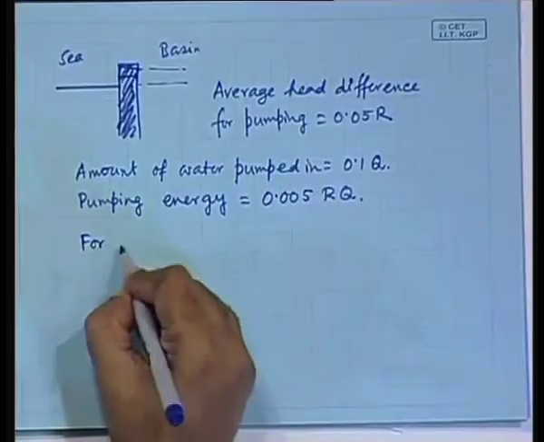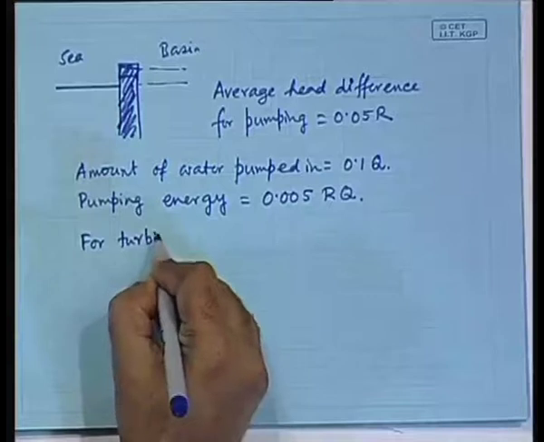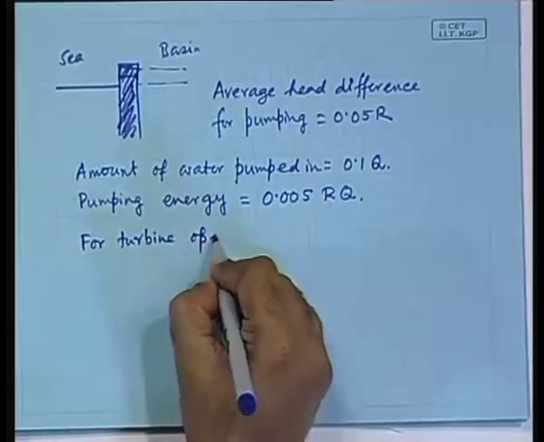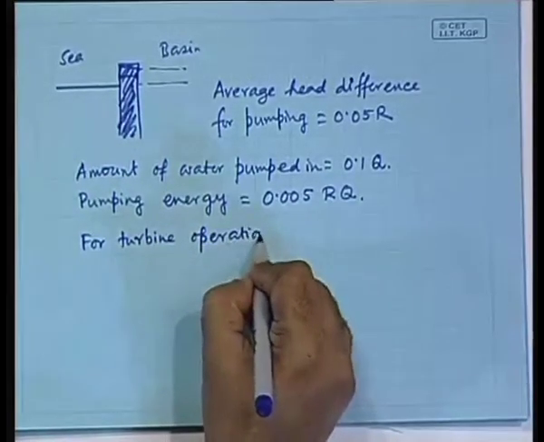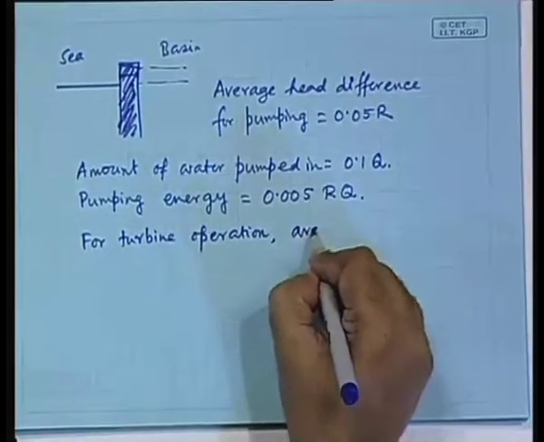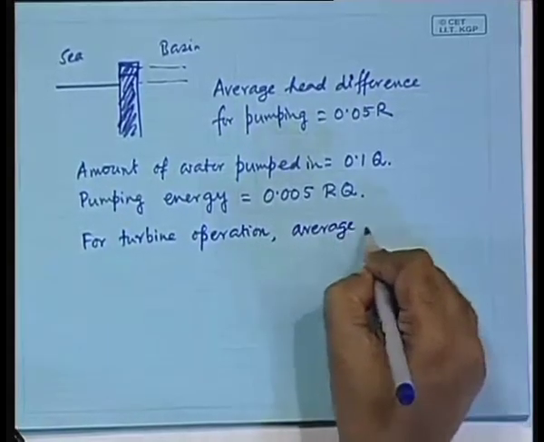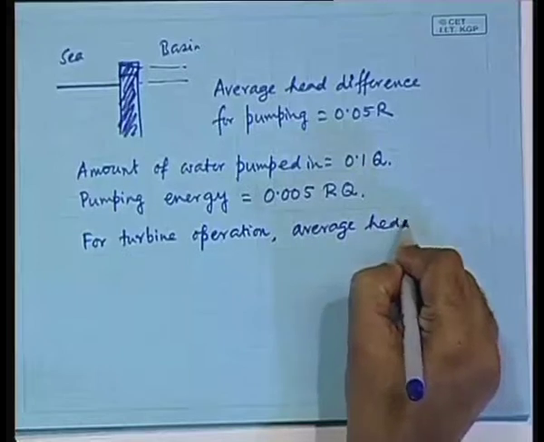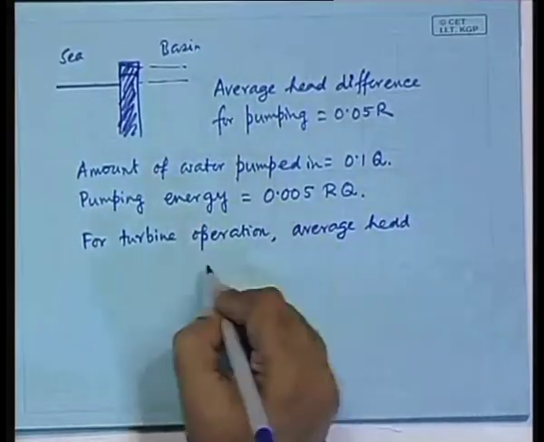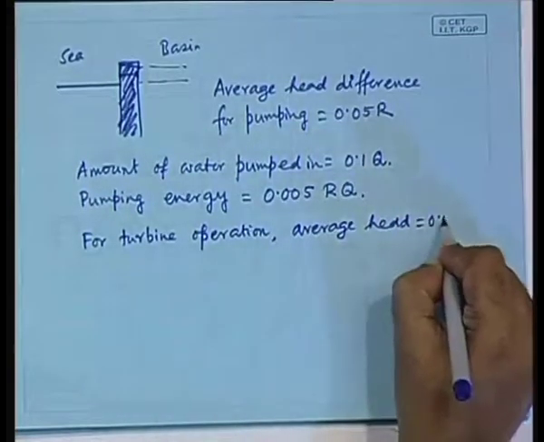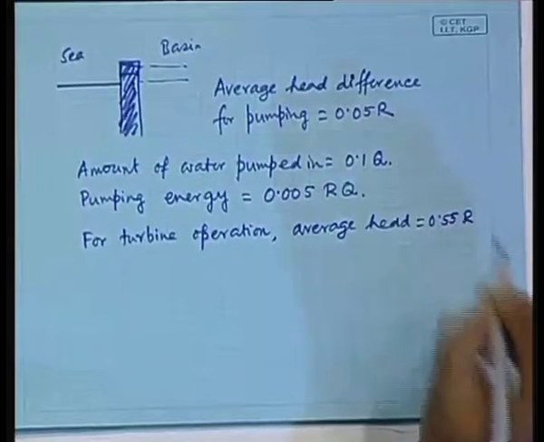So for turbine operation, average head 0.55 R.